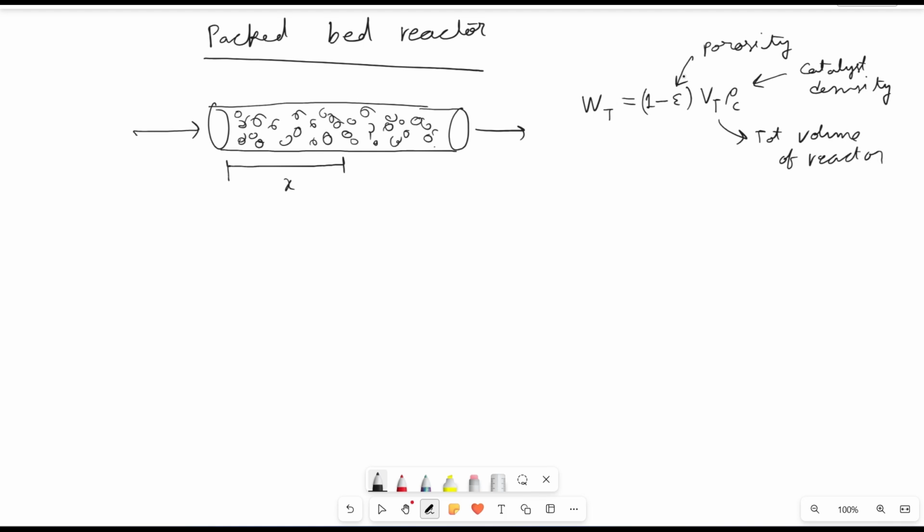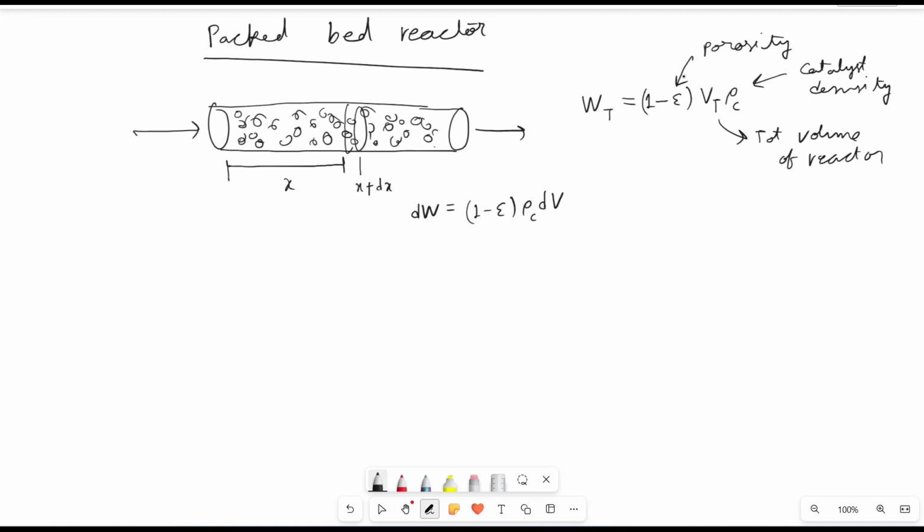And at x plus dx, this is the x plus dx location. The weight of the catalyst present will be dW equal to 1 minus epsilon, rho catalyst, dV. Right.